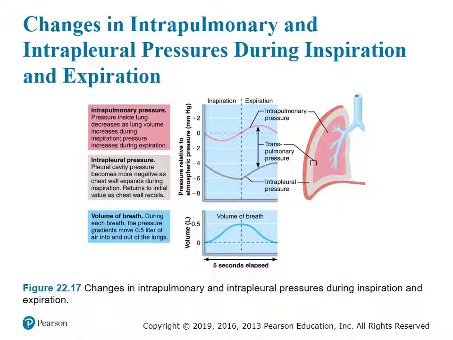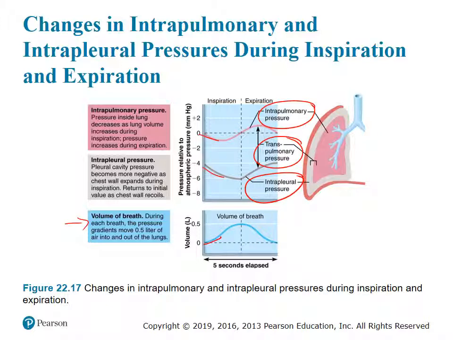All right. So this figure 22.17, we're looking at how pressures, intrapulmonary pressure, transpulmonary pressure, and interpleural pressure change. And we couple that, or we add it with another graph that looks at the volume, right? So at what point in each of these graphs do you see volume changing, right?